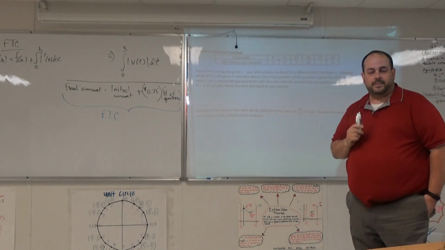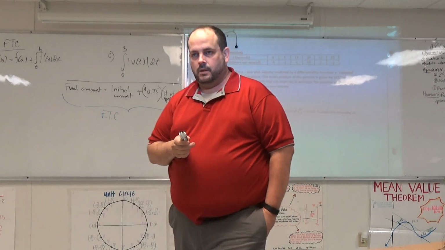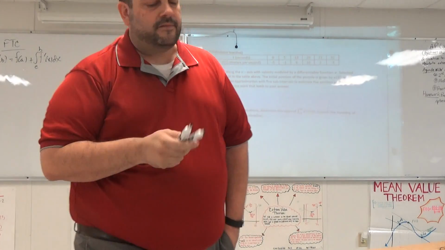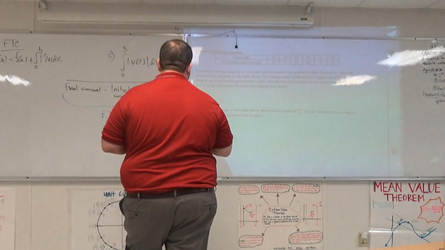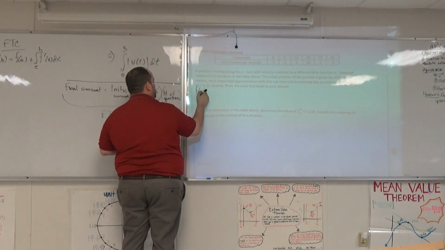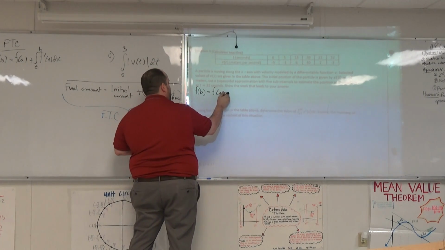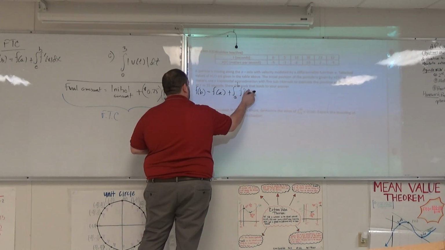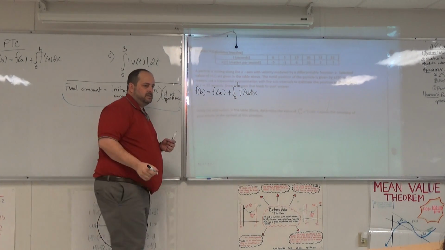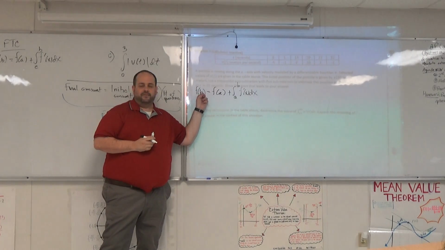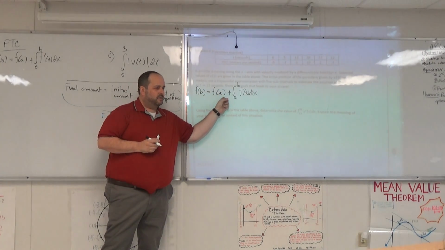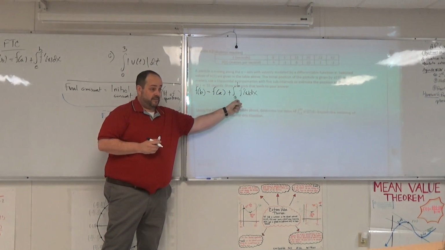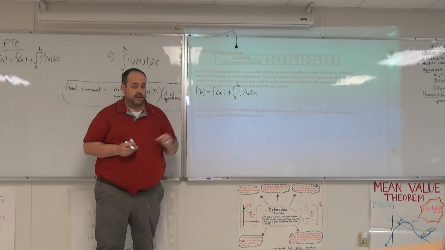This is a fundamental theorem of calculus question. The fundamental theorem of calculus says f of b equals f of a plus the integral from a to b of f prime of x dx. Final value, initial value, total change in the value over that interval.